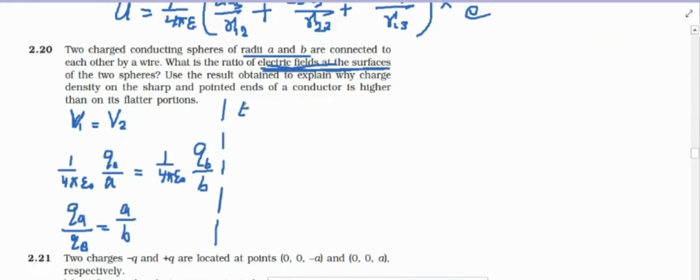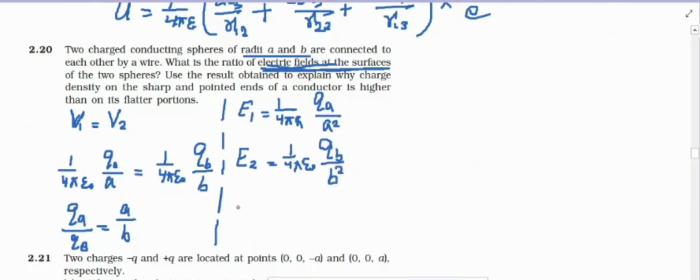Electric field E1 of the first sphere is equal to 1 by 4 pi epsilon naught QA divided by A square, and E2 is equal to 1 by 4 pi epsilon naught QB divided by B square. So find the value of E1 by E2.